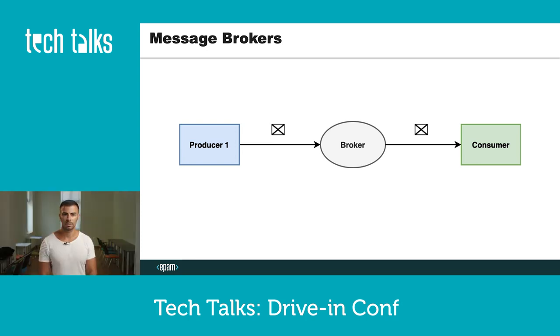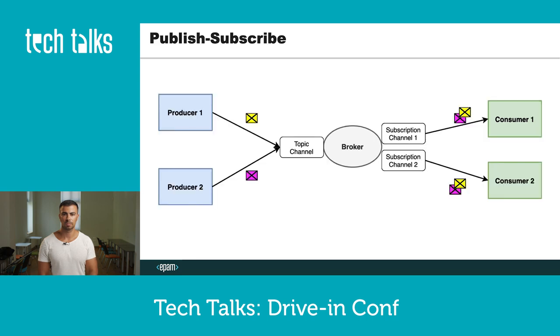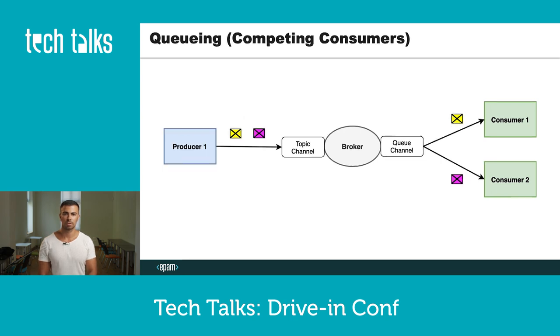In our case, we just have a broker that decouples producers from consumers, serving as a mediator, and a broker can do lots of stuff, like for example publish-subscribe. It can broadcast a single message to multiple consumers, so each of them receives the same copy. We can of course utilize queuing, where competing consumers are load balanced by the broker.